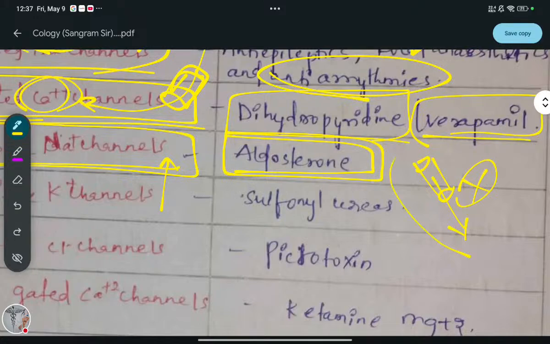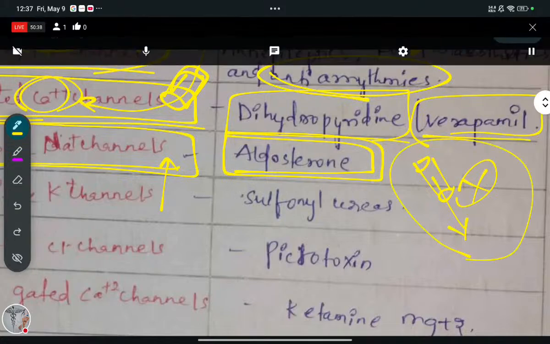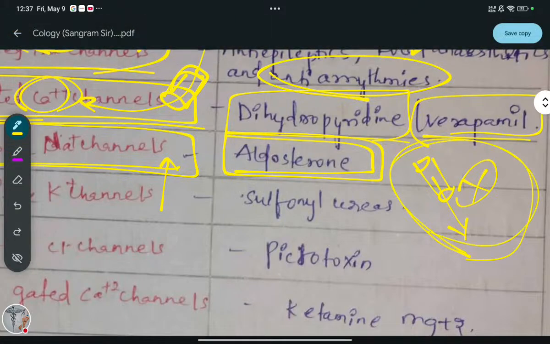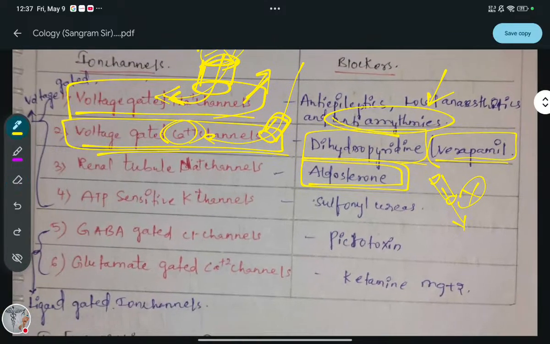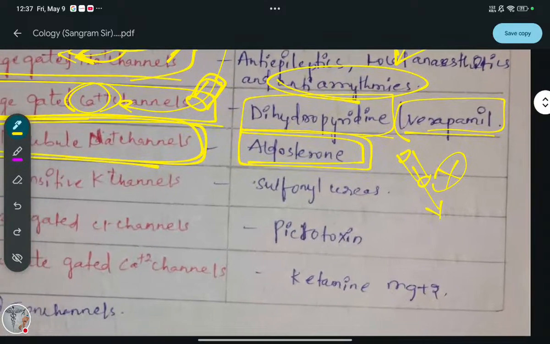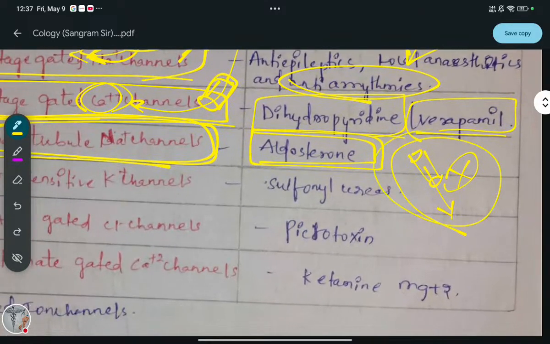So to decrease the potassium excretion, or to decrease the loss of potassium, what will happen? We can block the sodium channels. If we block the renal sodium channels, the sodium entry will be less. When sodium entry is less, the potassium excretion or potassium out will also be less.